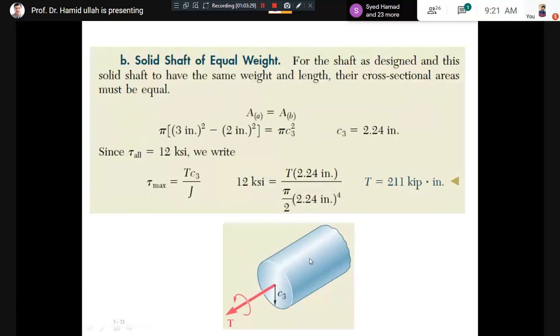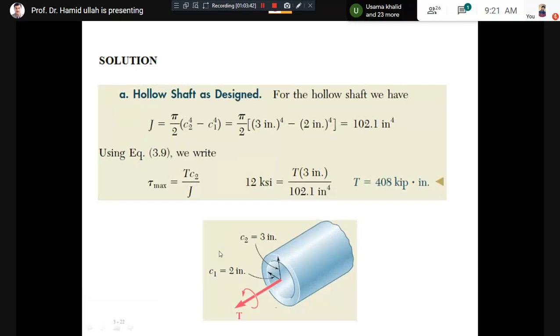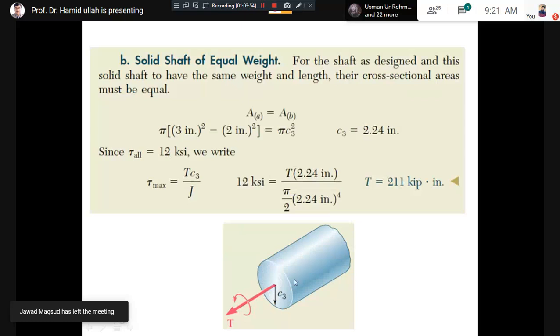If we go for the second option, a solid shaft for sure has only one radius, and let's say that radius we call c3, because c1 and c2 we have already used as symbols in the first case. So for the second case we put c3 as the symbol for that shaft. Now the condition is that the weight of this shaft is equal to the weight of the previous shaft.